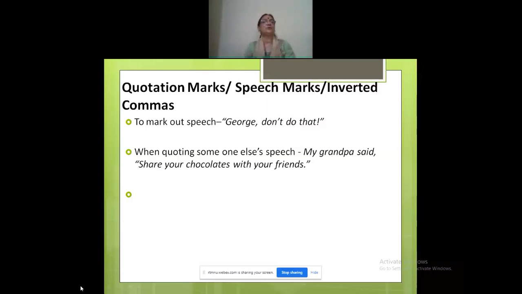That is why they are known as quotation marks, and the punctuation marks, inverted commas. All three mean the same. So when you are quoting somebody else's speech: my grandpa said, "Share your chocolate with your friends." There are certain formalities with respect to the usage of quotation marks, which we are going to learn about.